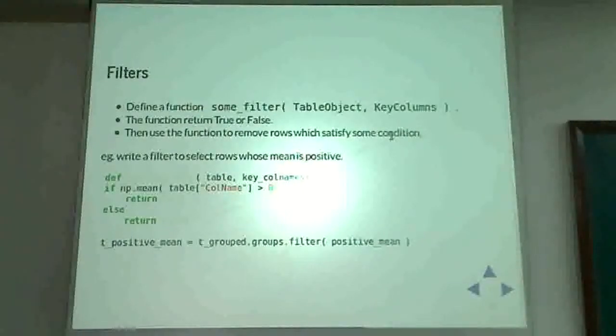It takes each group of rows, creates a table object of those rows, and passes it to this function. If this function for that particular group of rows returns true, it is kept inside t positive mean, else it is not kept in t positive mean. So you can filter groups of rows using this approach.